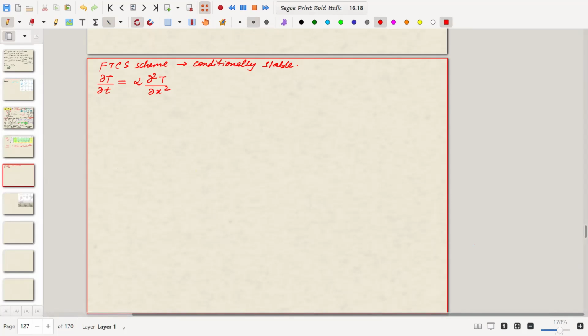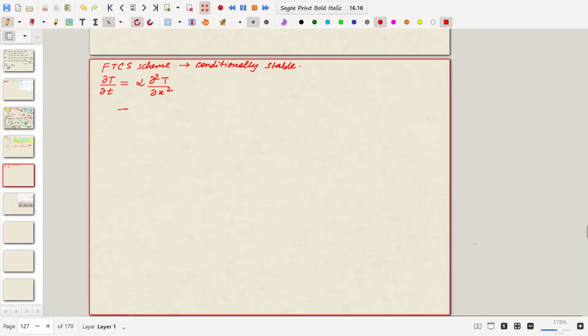Now using the FTCS scheme, what we generated is T i n plus 1 equal to T i n plus alpha delta t by delta x square times the central difference of T i plus 1 n, T i n, and T i minus 1 n.